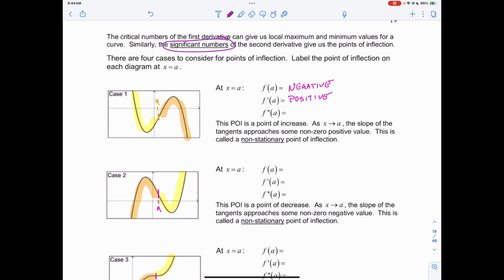And because there's this change in concavity that's happening here, our second derivative is going to be 0. This is called a point of increase, where that change in concavity is occurring when I have a positive slope.